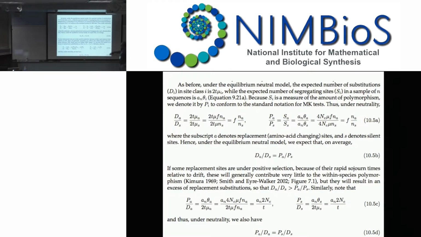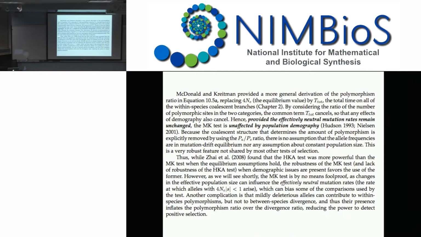So both these scenarios give you the same thing of ratios being equal. So either the divergence of replacement over silent equals the polymorphism of replacement over silent, or the ratio of polymorphism to divergence under replacement equals the ratio of polymorphism to divergence under silent. And that's the basis for the McDonald-Kreitman test.